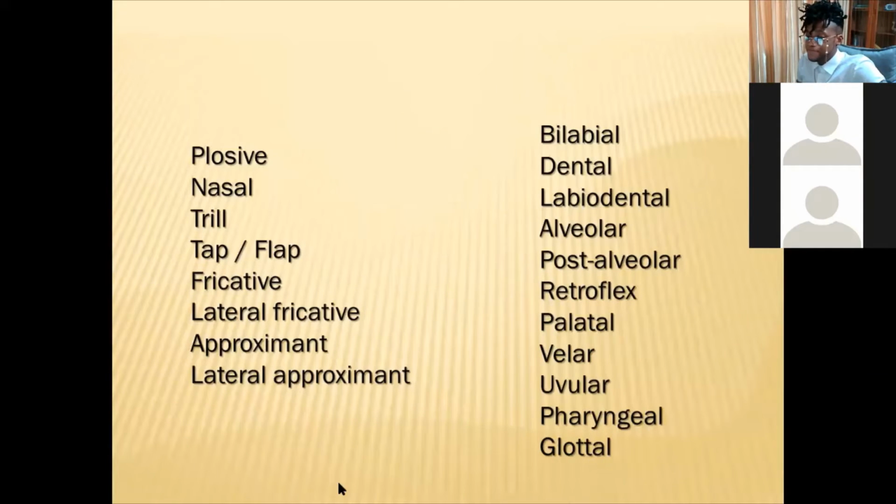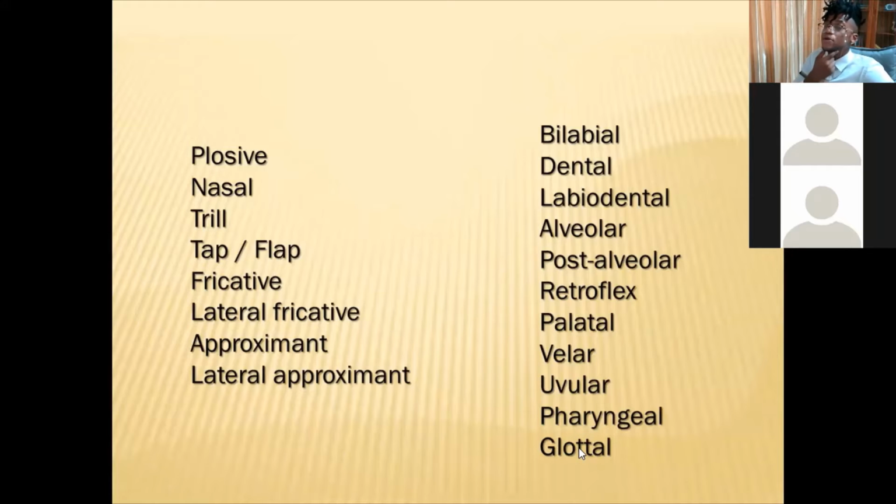The velar refers to another part called the soft palate. The velar is the soft part of the mouth. Uvula is at the back of the throat. Pharyngeal or laryngeal refers to the voice box, so to speak.